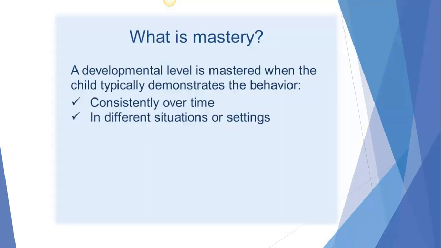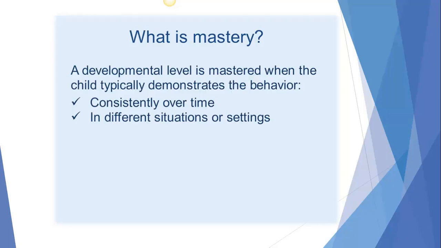Okay. So in order to mark where they are in their developmental level, the child has to be said to have mastered the developmental level. Okay? Now what mastery means is that it's a behavior that occurs consistently over time. So if you've only seen the behavior one time, it's not considered mastered. We're going to talk about what that might be considered in just a second.